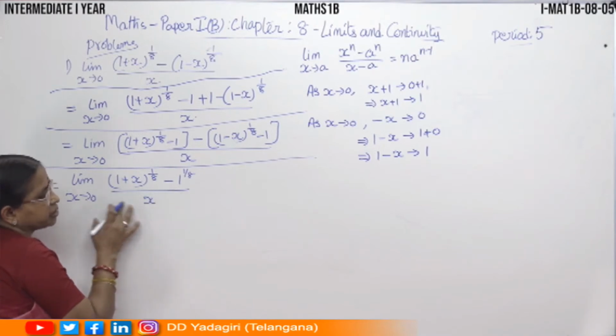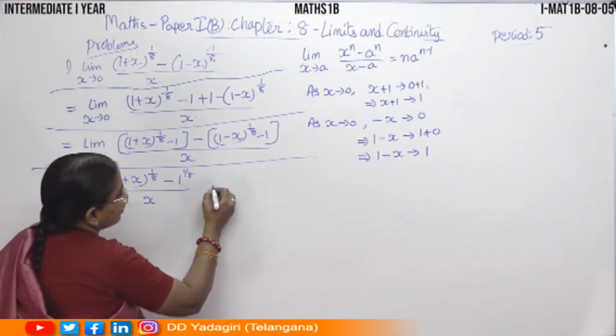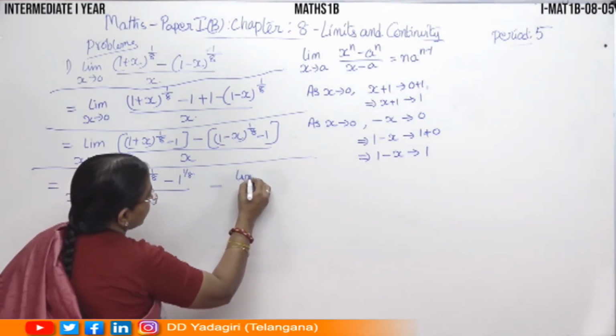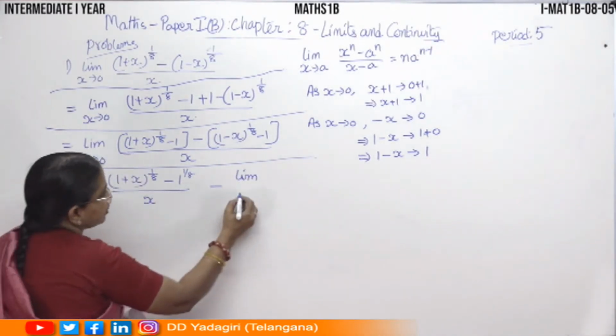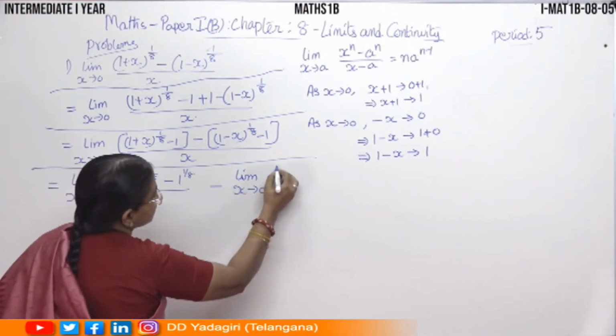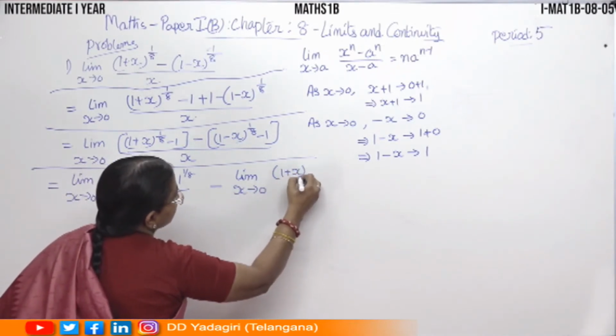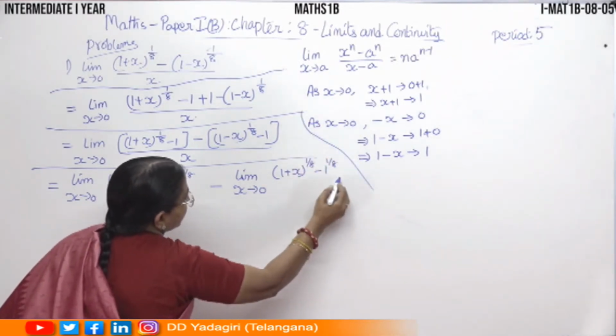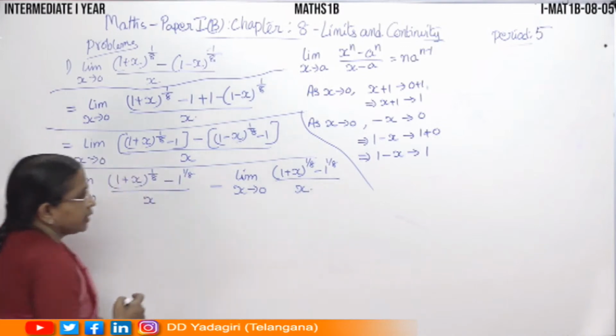This also will change x to x minus a. We write limit x tending to 0 of (1 plus x) whole to the power 1 by 8 minus 1 power 1 by 8 by x, like this.